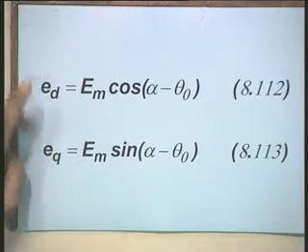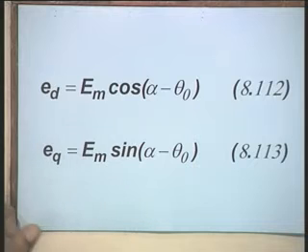And therefore, if you express ED and EQ not in terms of peak values but in terms of RMS values, the equation will remain the same, because the base values of the stator voltage, expressed in terms of peak or RMS value, will have a relationship of 1 by root 2.